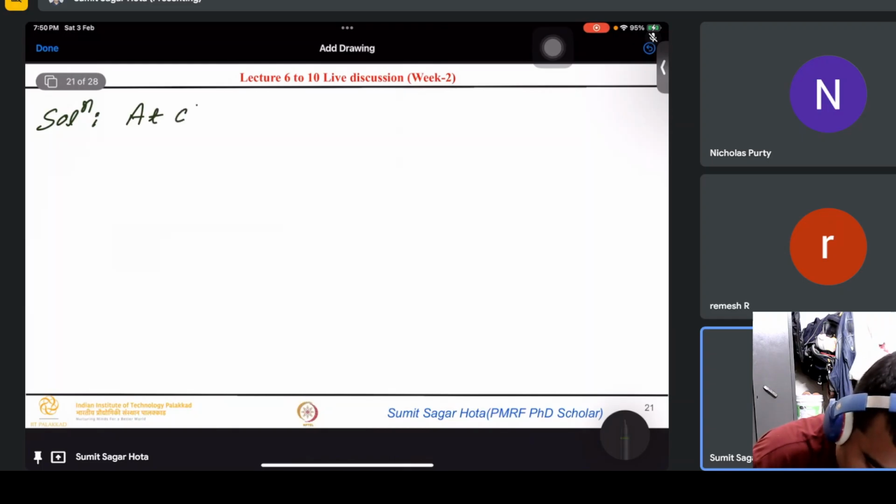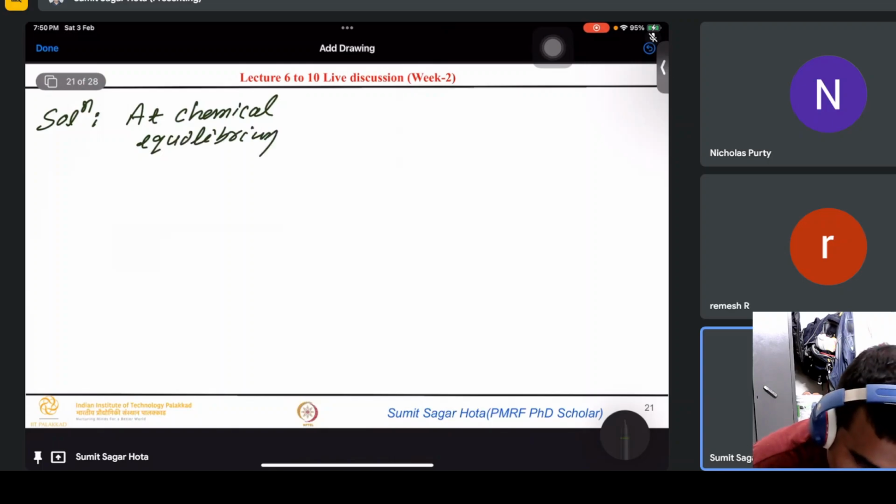At chemical equilibrium, okay, what is the condition at chemical equilibrium? The forward reaction rate and the backward reaction rate are equal.